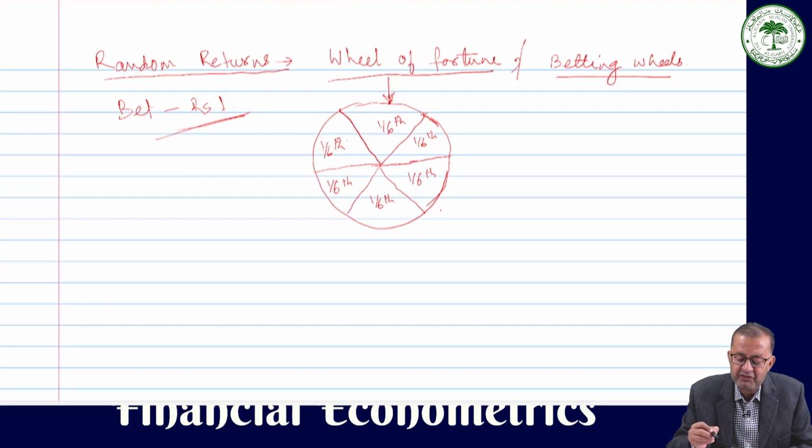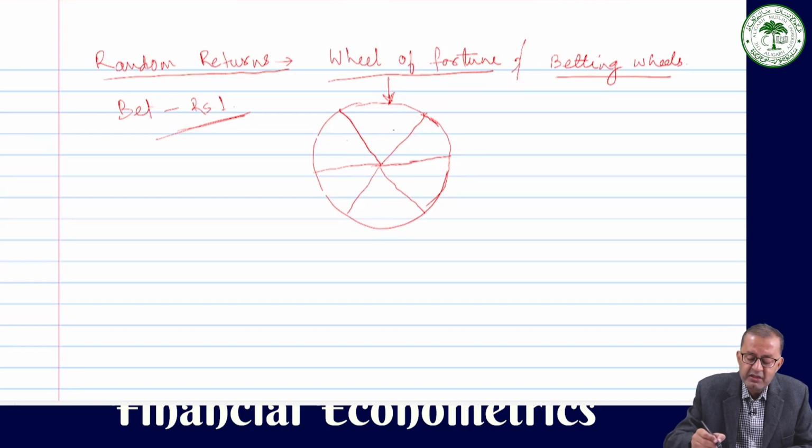Suppose you spin the wheel and the arrow stops at this point, the amount of return could be rupees 4. Here it could be a loss of -1.